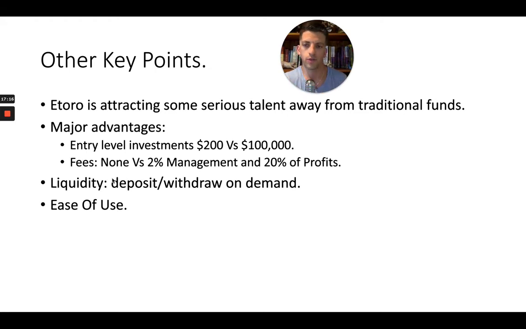It's commonplace for them to charge a 2% management fee and 20% of the profits. Traditionally, if you were to invest in Jim Simons' Medallion fund back in the day, those numbers are more like 4 and 40, 4% management and 40% of the profits. So you can clearly see that you're ahead in terms of the fee structure here, which is something that I really like.